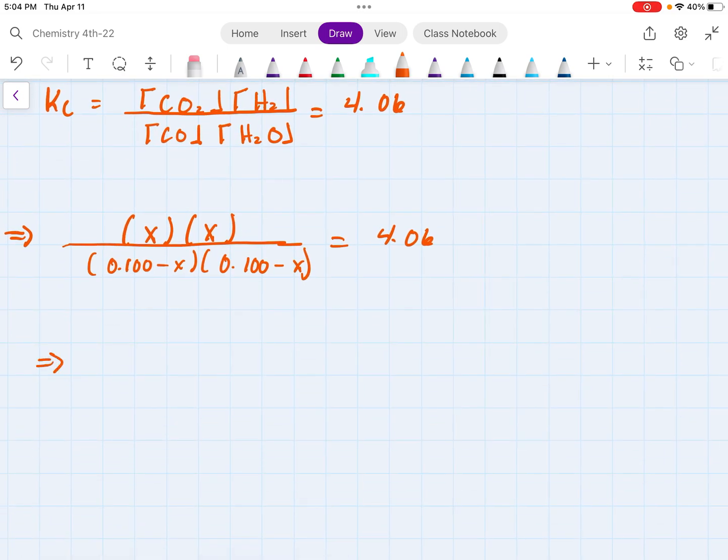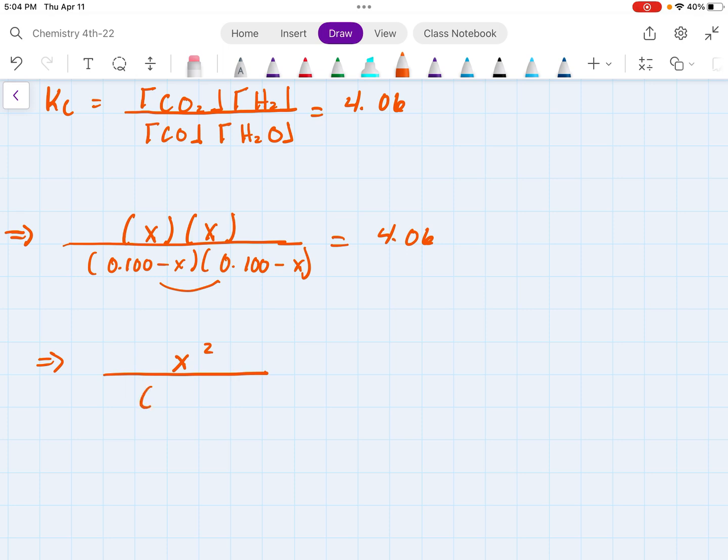If I multiply X times X, I'm going to end up with X squared. And if I multiply these two here, I'm going to end up with the same thing, which is 0.100 minus X, squared. That's still going to be equal to 4.06. Now, I want to get rid of these squares.